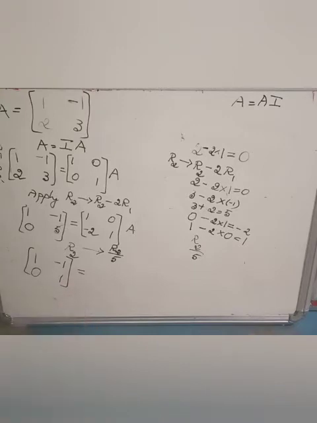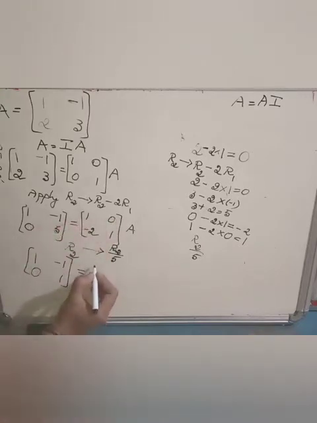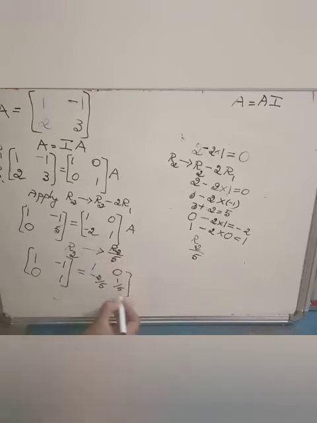Again, don't consider the first row, it is as it is: 1, minus 1. Then 0 minus 2 divided by 5 and 1 divided by 5, into A. So 1, minus 1, 0, 1. So these 3 are over.